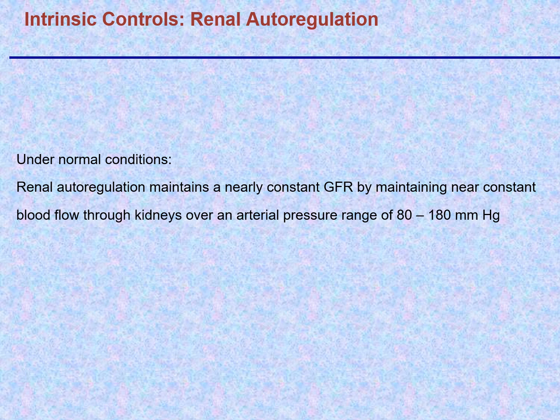Under normal conditions, autoregulation can maintain a near constant GFR in that sweet zone of values. And they'll do this by maintaining a near constant blood flow through the kidney glomeruli, even if the systemic arterial pressure, in other words, the pressure in the left and right renal arteries that feed arterial blood into the kidneys, is ranging as low as 80, systolic, or as high as 180.